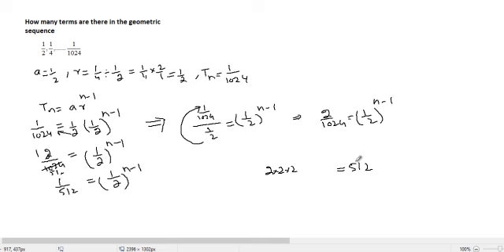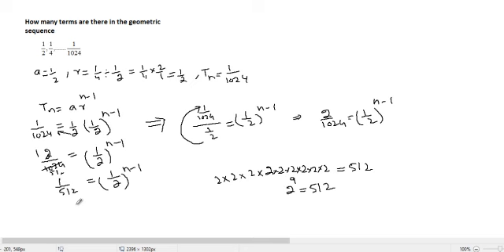We will multiply 2 nine times: 2, 3, 4, 5, 6, 7, 8, 9. 2 raised to power 9 is equal to 512. So we multiply 2 nine times to get 512.